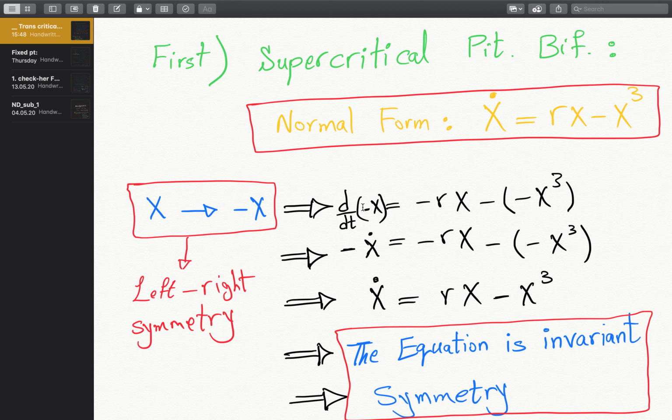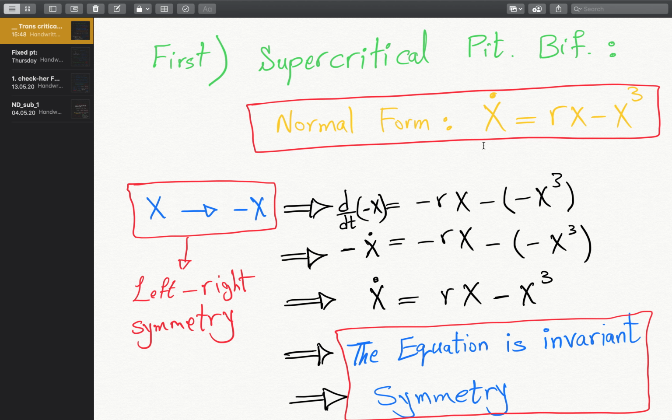So then this minus is coming out of this derivative, and then again you have minus x dot equal to minus rx minus minus x cubed, and you can cancel out these minuses, and again you have the normal form. x dot equal to rx minus x cubed.